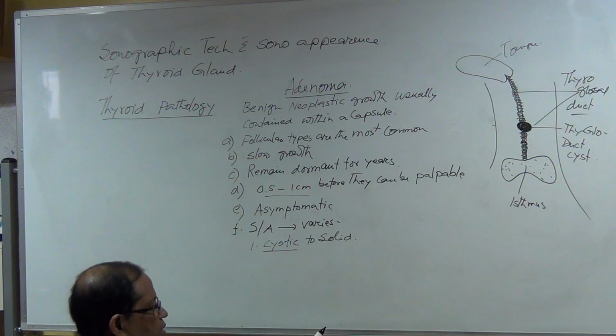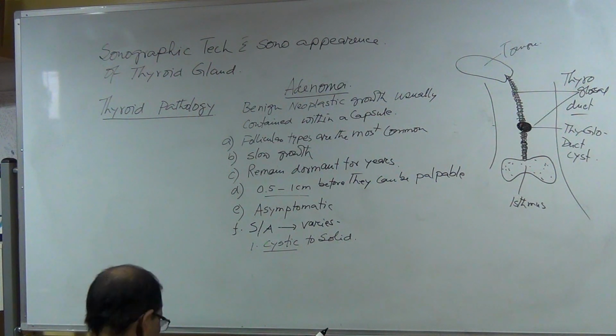My advice, click the color. If you see the color is inside, then there is a tissue inside. So it is a solid mass, hypoechoic to anechoic in nature. But if it is a cystic, it must give you certain criteria. Enhancement, anechoic, refraction, thin smooth wall. So it could be cystic to solid.